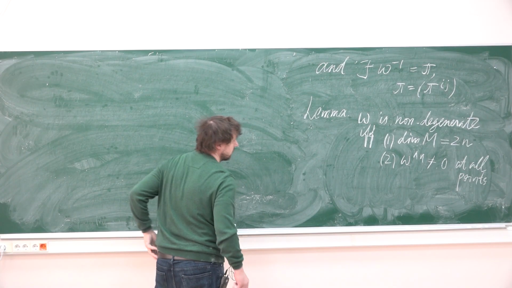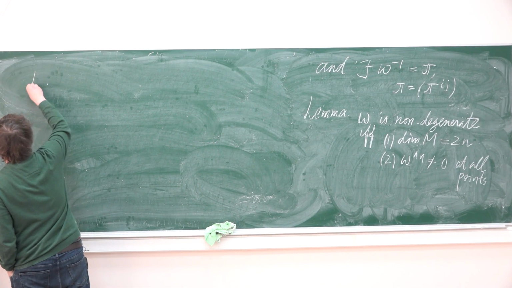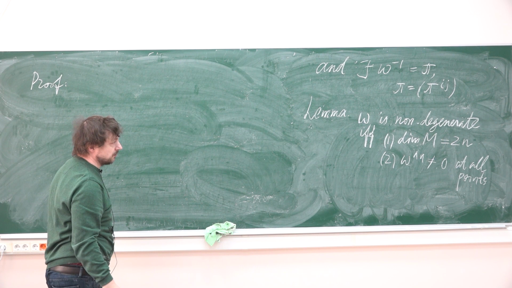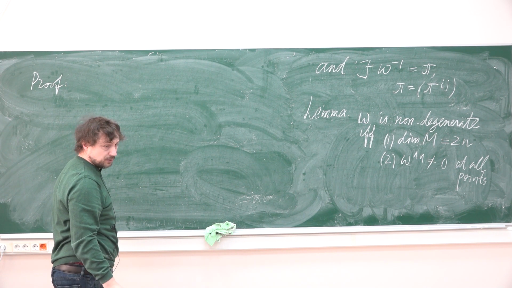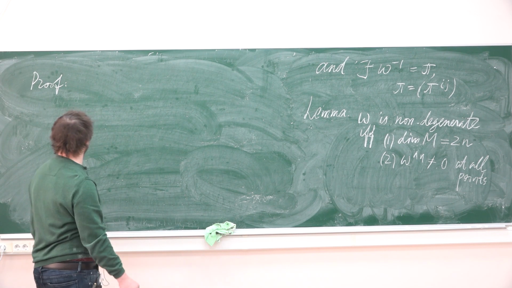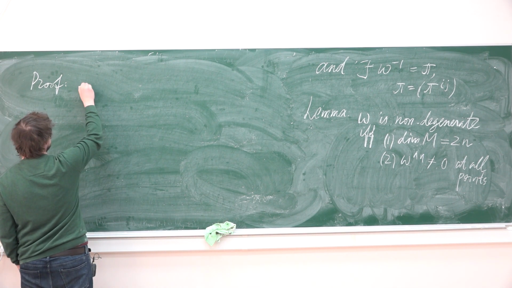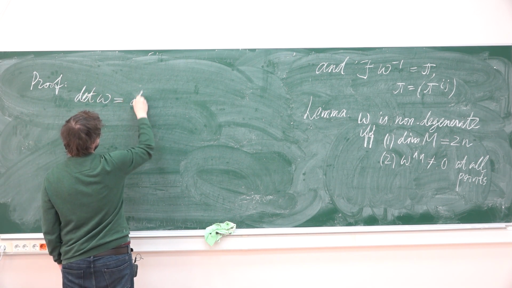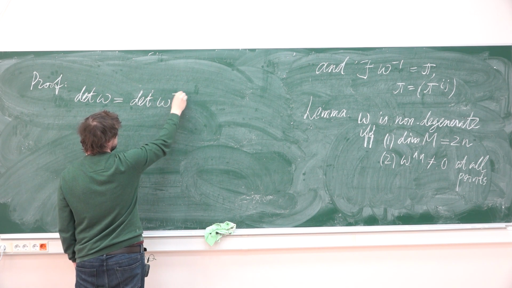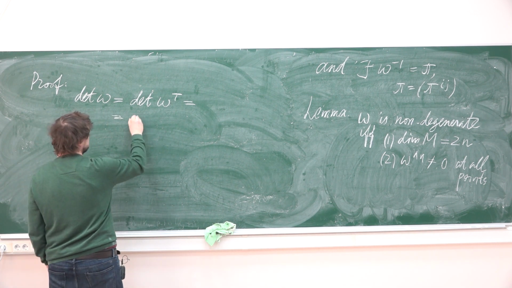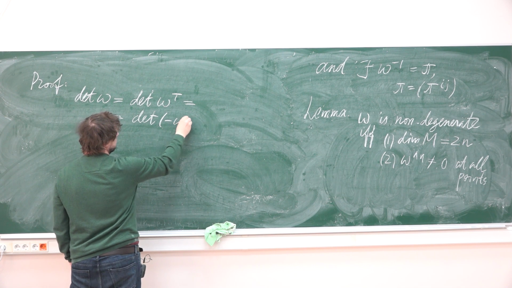The sketch of the proof is very simple. The first condition is pretty well known. We all should know that if you have a skew-symmetric matrix in an odd dimensional space, then it is degenerate. Because the determinant of omega on one hand should be equal to the determinant of the transposed matrix. On the other hand, since we have this skew-symmetry condition, it is equal to the determinant of minus omega.